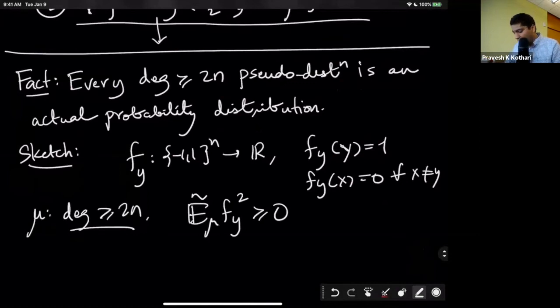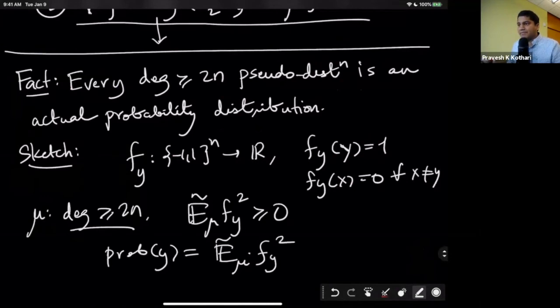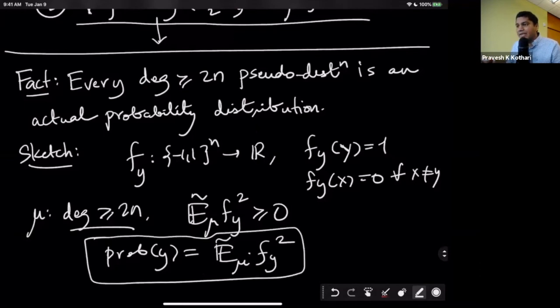And so what you can now prove is that if you literally take the distribution where the probability of y is simply the pseudo expectation of this fy squared, then this distribution agrees, in its expectations on all polynomials, with the pseudo distribution. So we can prove, in fact, that mu of y equals this.